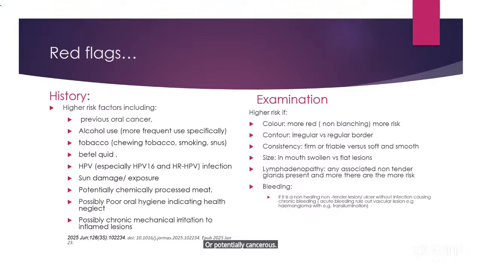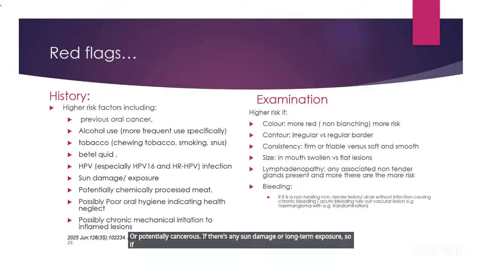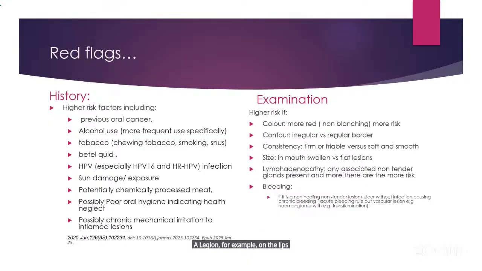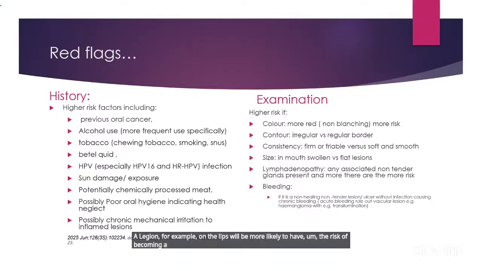If there's any sun damage or long-term exposure, so if they've worked outside in fields in hot climates, higher up, closer to the sun, a lesion, for example, on the lips will be more likely to have the risk of becoming a cancer.